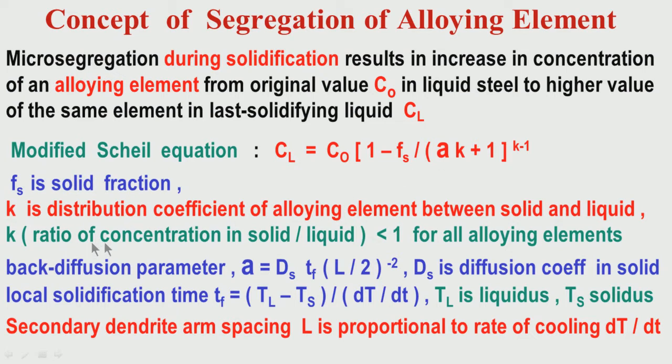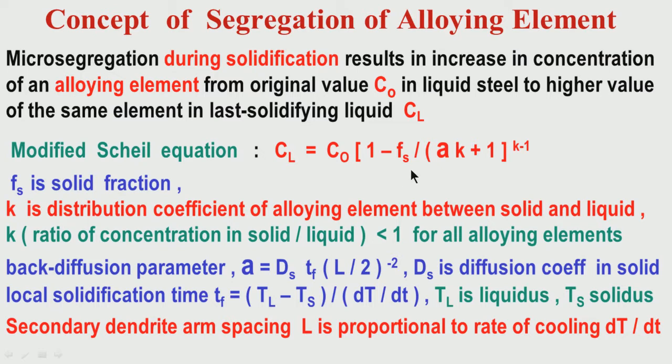Again, here this alpha is a back diffusion parameter, directly dependent on the diffusion coefficient Ds in the solid for a particular element. So, if alpha and Ds are low, then Cl is also relatively high.